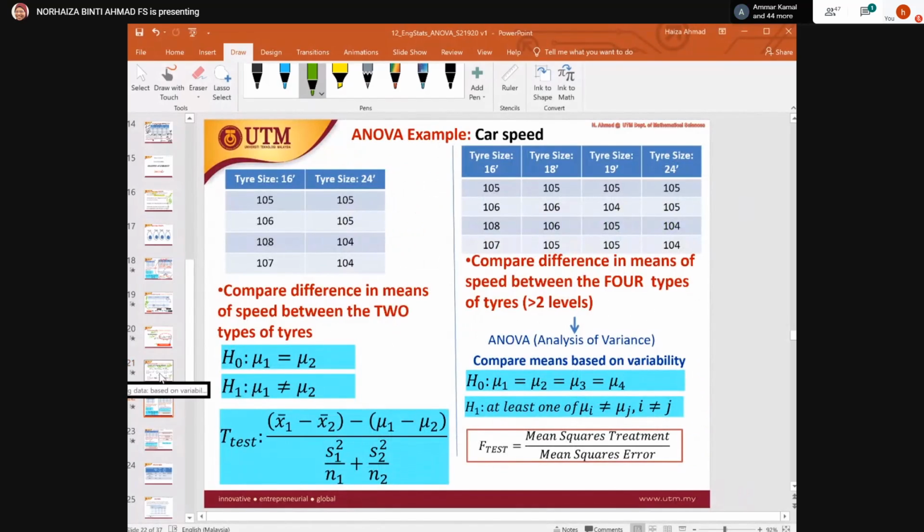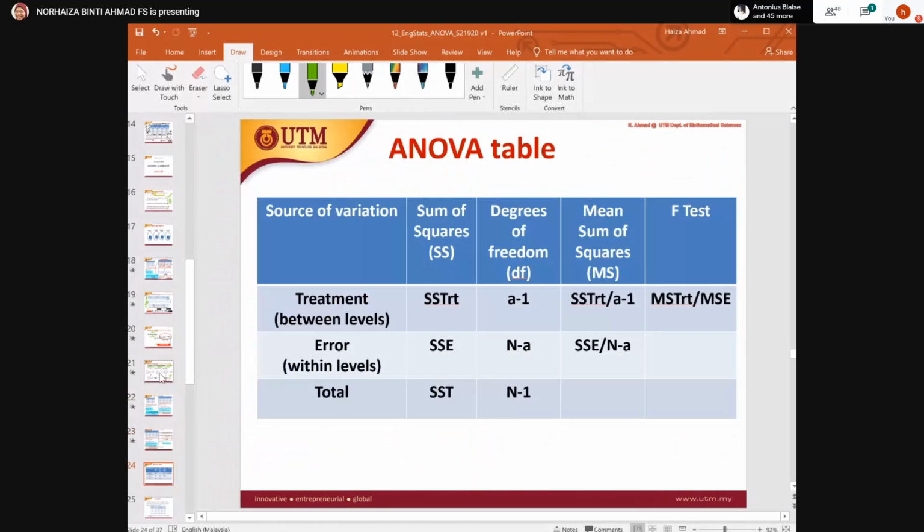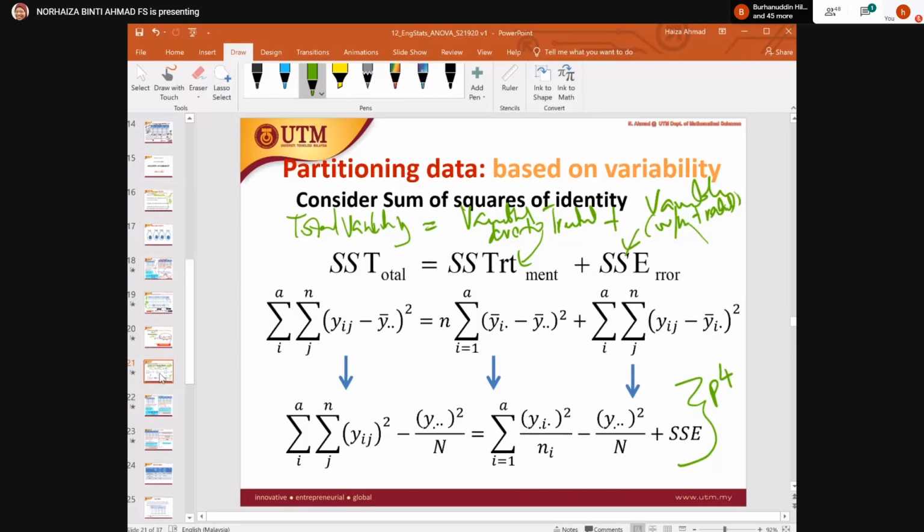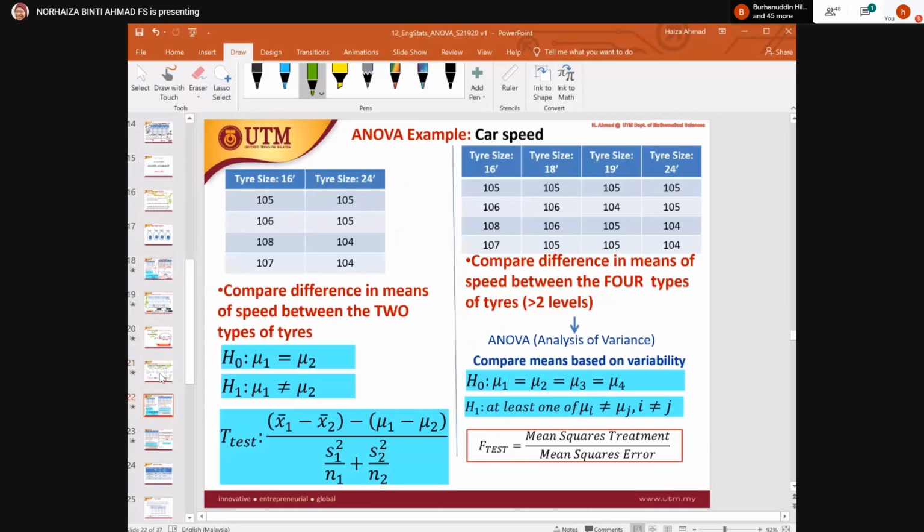So how do we carry out ANOVA? Okay. So when you carry out ANOVA, you still need to define your H naught and your test statistic.